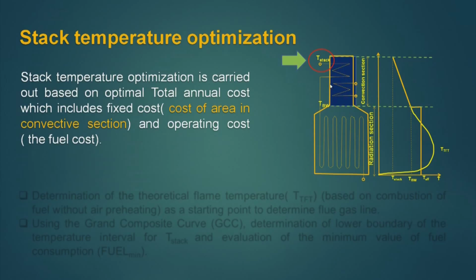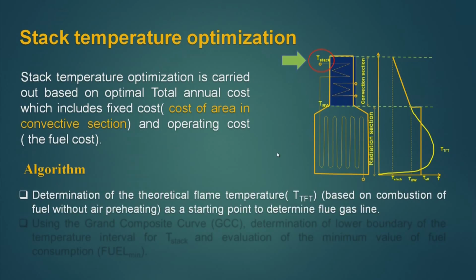And there are heat exchangers available in the convection section which exchange heat with this hot gas. So, I should know about these heat exchangers, their area, so that I can compute the cost of these heat exchangers. Now, this is the temperature profile in the radiation section and this is the temperature profile in the convection section.